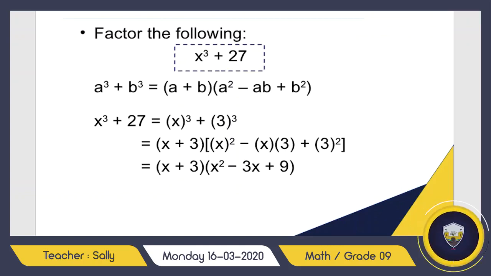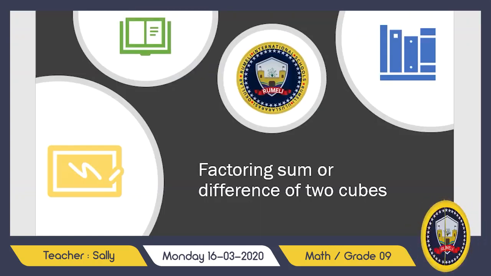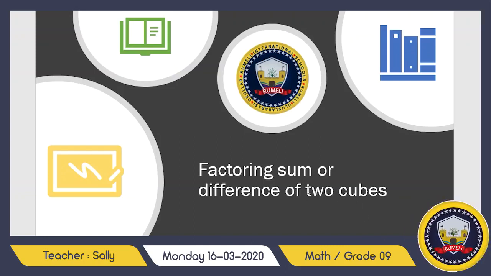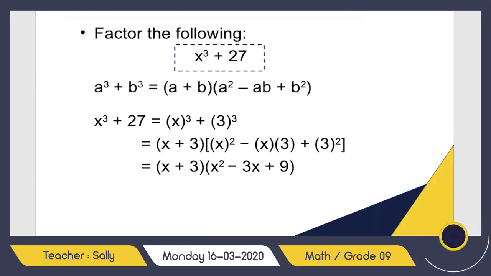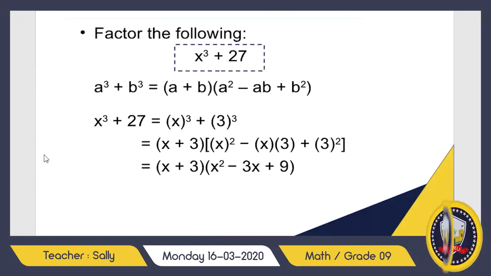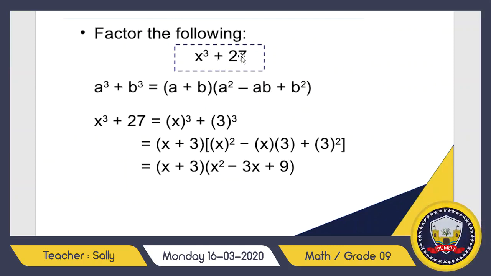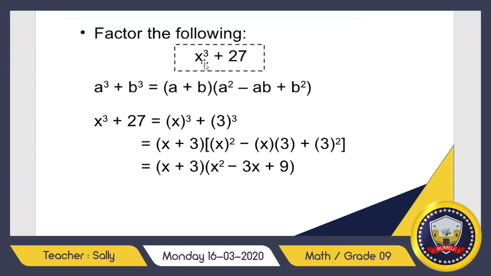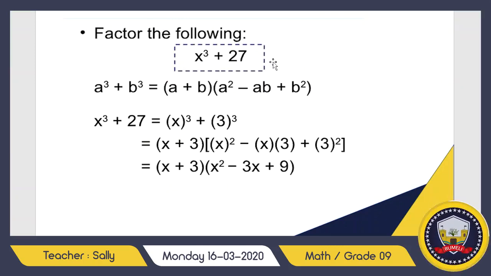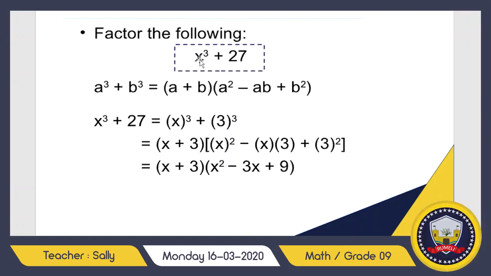The lesson says factoring sum or difference of two cubes. It means the expression should be a binomial consisting of two terms. So the first thing is that the expression in front of me should consist of two terms, a binomial.